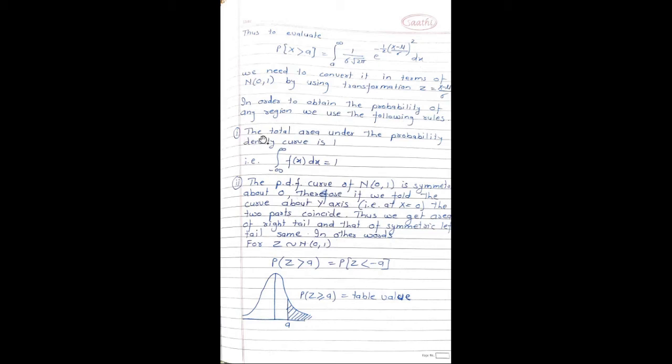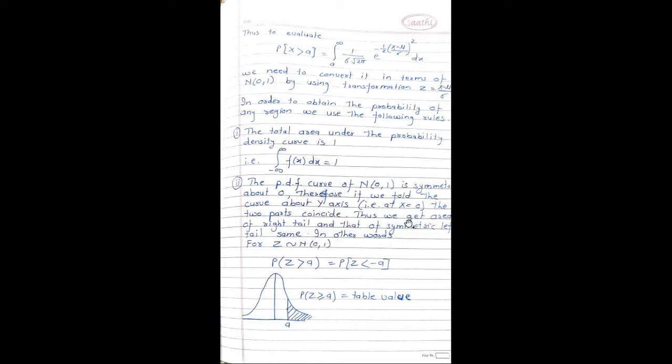In order to obtain the probability of any region, we use the following rules. First rule, the total area under the probability density curve is 1, that is integral minus infinity to infinity f(x) dx is equal to 1. Second rule, the probability density curve of normal 0, 1 is symmetric about 0. Therefore, if we fold the curve around y-axis, that is at x is equal to 0, the two parts coincide.